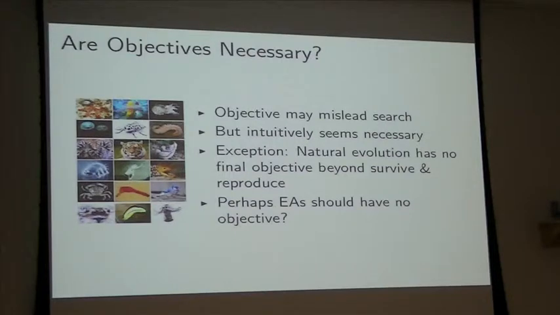It's not progressing towards some ultimate organism. It's spreading outwards through niches and finding new ways to survive and reproduce. So we can take this as an inspiration that perhaps we could create an evolutionary algorithm that has no objective and yet could still do interesting things in whatever domain we put it in.